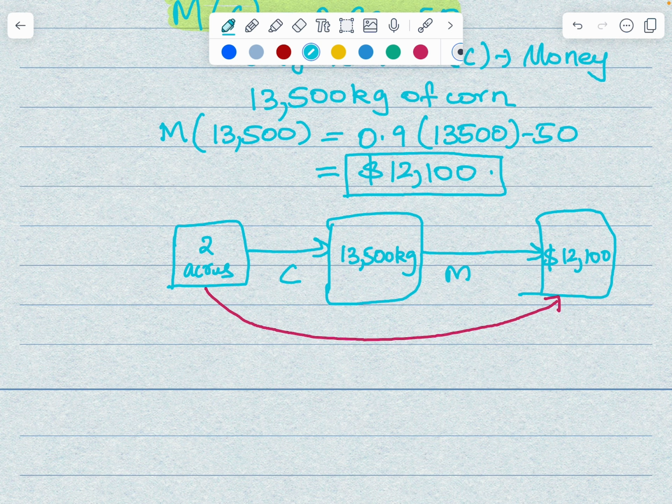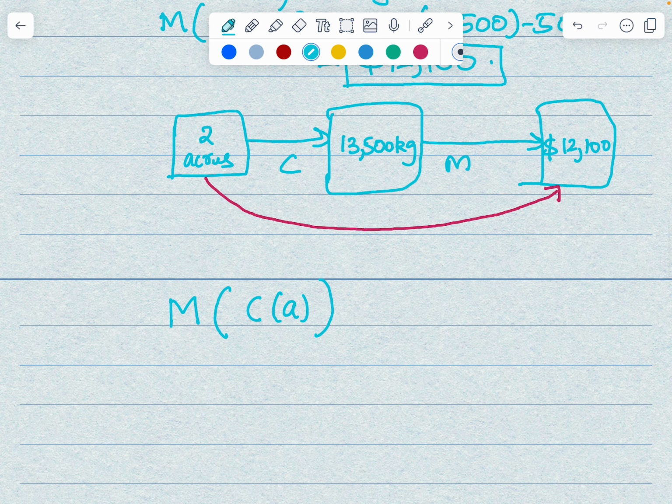The new function could look like this. He takes the old function which told him how much corn he produced and puts it into the money function, then he's going to get it. That's a way that he could just do it in one shot. Remember how we defined m of C?